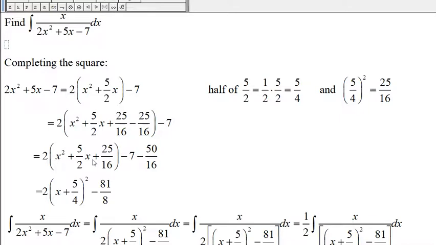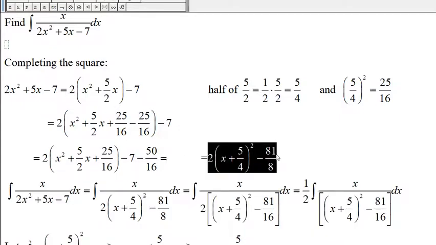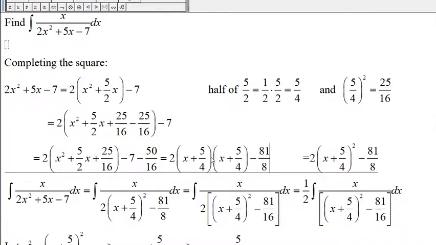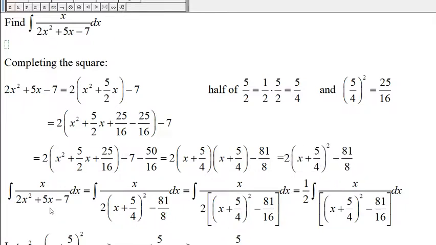And then this trinomial, the factors are x plus 5 fourths, x plus 5 fourths, which is 2 times x plus 5 fourths squared, and then minus 7 minus 50 over 16 is 81 over 8.